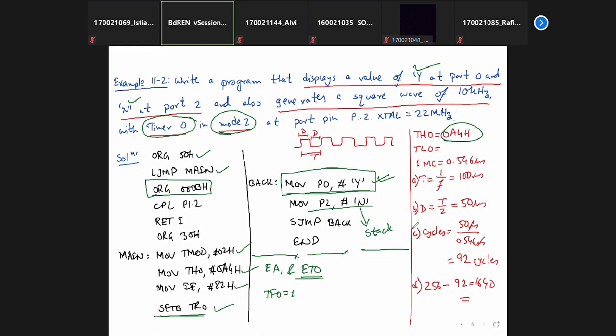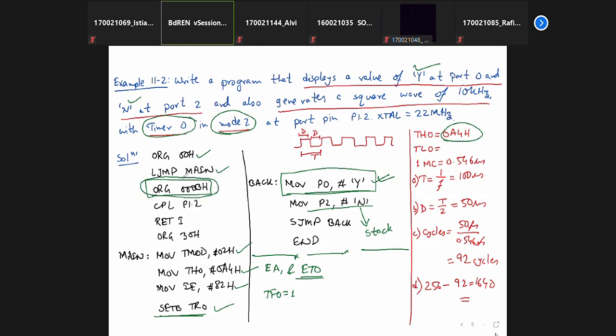I repeat again. Say your MPU is in this particular line, that is MOV P0, #Y. In such a moment, the ET0 interrupt has been invoked. So it will finish this task and save the address of the next instruction onto the stack. After saving the address onto the stack, your MPU will directly come over here.